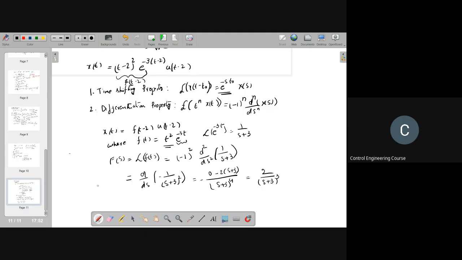Now we apply the time shifting property. Then the Laplace transform of x of t is e to the power of minus 2s into F of s, that is 2 by s plus 3 whole cube.